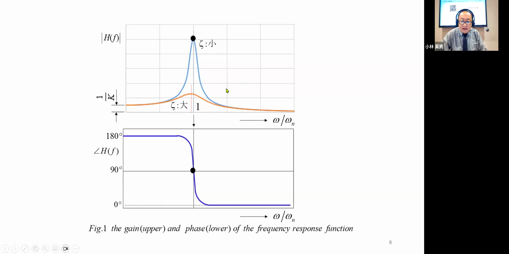MDOF means multi degree of freedom. If the object behaves in vibration linearly, in this case, we can use this theory for SDOF. It is used for MDOF. Okay?